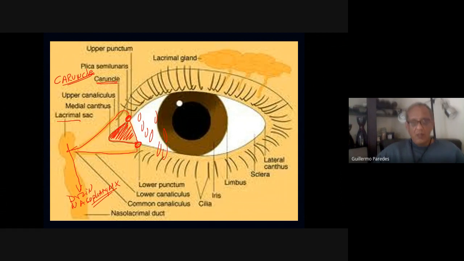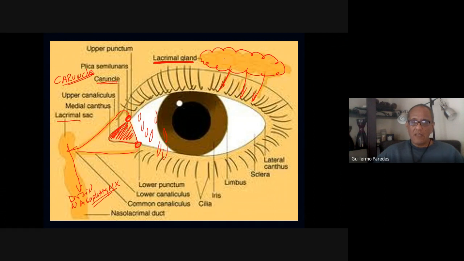So now, next page: where do you think the tears are coming from? The tears are coming from this gland. This is the gland of tears, the lacrimal gland. Question for the exam. They are going to drain into the eye. So where is it located? In the upper outer quadrant of your eye.